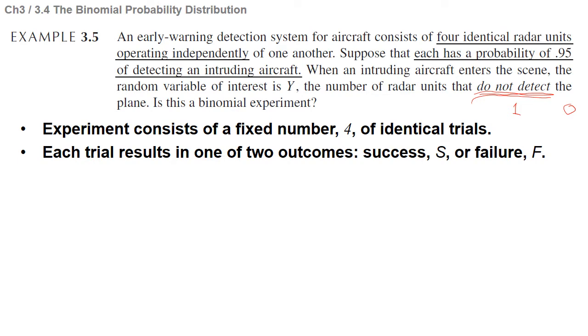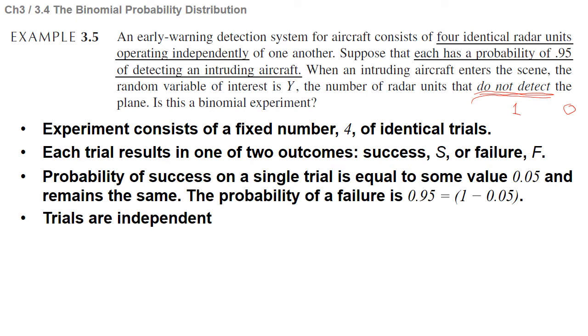So it is true. Second, the probability of success on a single trial is equal to some value. The probability of not detecting is 1 minus 0.95, which is 0.05, and remains the same for the other radars, and the probability of a failure is 0.95, which is detecting the aircraft.